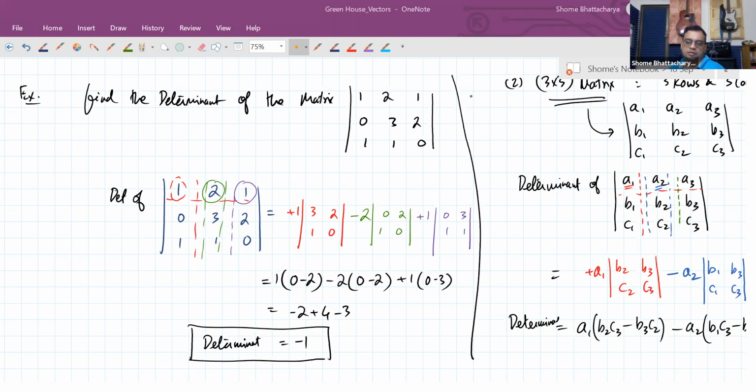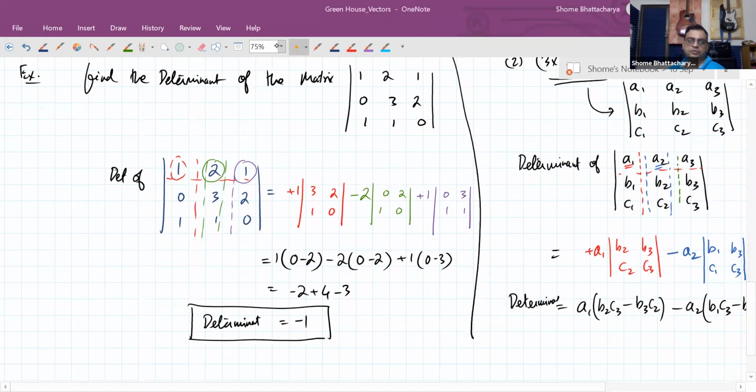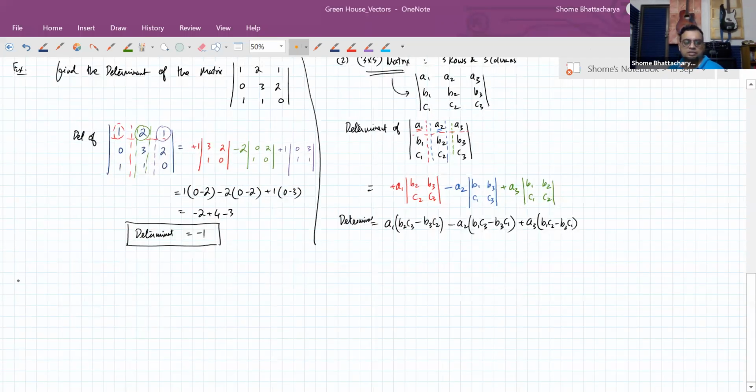Okay. So do one more question for practice before we move on. And in this question, we'll take some determinant which has some algebraic signs also.